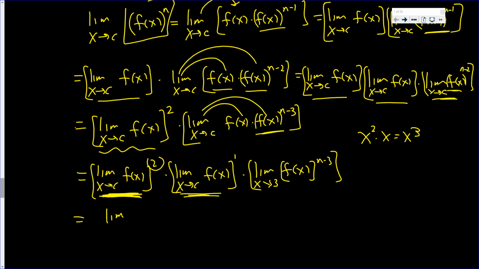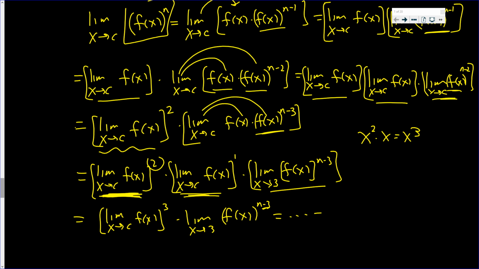So I'm going to get the limit as x goes to c of f of x raised to the 3rd power times this. And if we just keep breaking up this limit with the power, if we keep doing this, we'll eventually get the limit as x goes to c of f of x to the nth power.